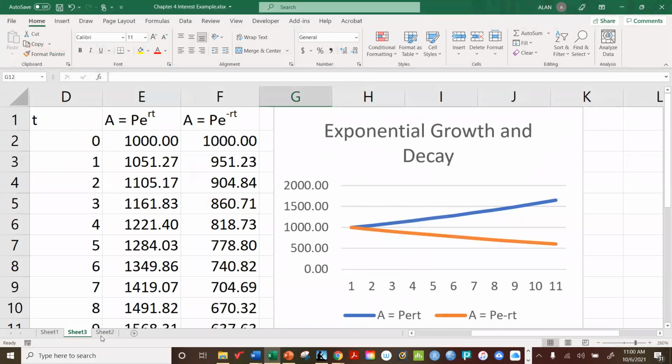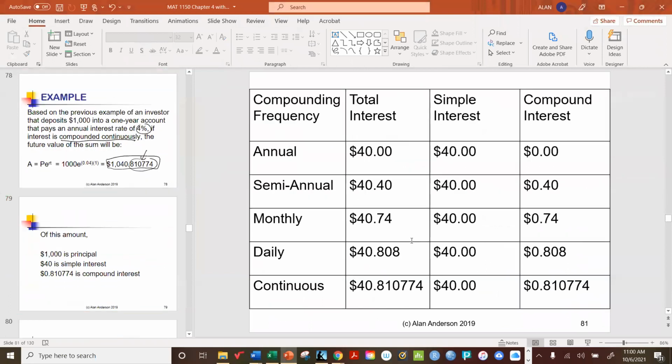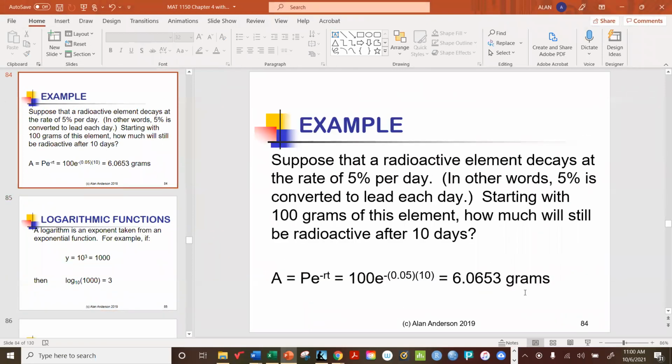Okay, very good. With the exponential decay, the only thing that changes, like I said, is you have a negative exponent. Here's a perfect example, high school physics. A radioactive element decays at a rate of 5% per day. In other words, 5% is converted to lead. If we start with 100 grams of this element, let's say it's uranium, how much will be radioactive after 10 days?